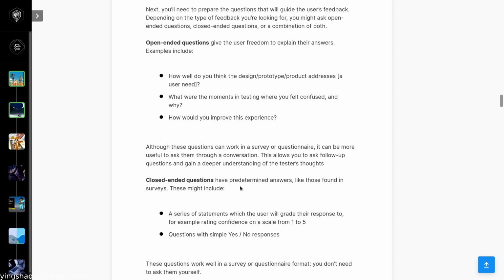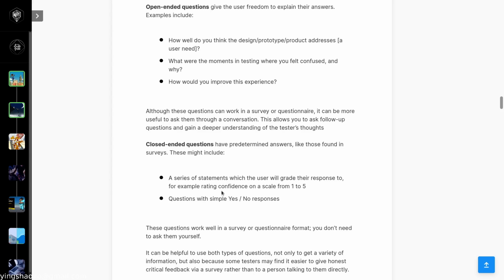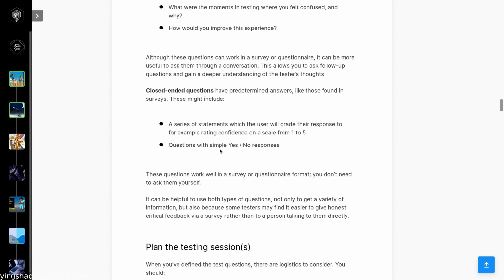Closed-ended questions have predetermined answers, like those found in surveys. This might include a series of statements which the user will grade the response to. For example, rating confidence on a scale from 1 to 5. Questions with simple yes or no responses.